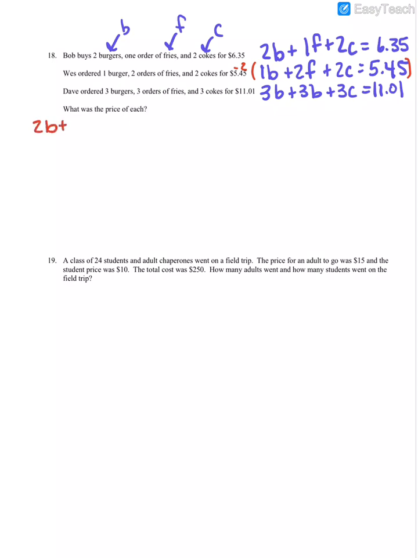So 2B plus 1F plus 2C, 635, -2B minus 4F minus 4C is equal to -1090. So -3F minus 2C is equal to 635 minus 1090, which is -455.